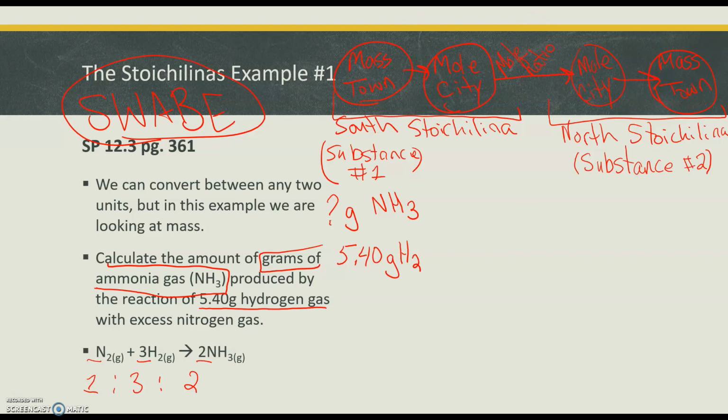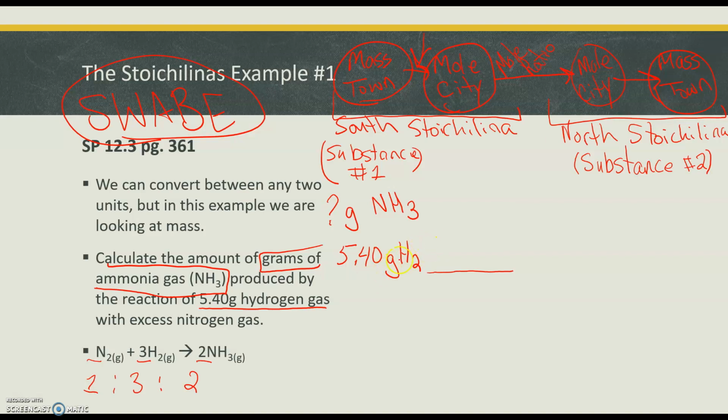Because we know what steps we're going to do or which conversions we're going to use, we are going to go ahead and set it up with our units and our substance before we start adding in our numbers. Our first factor is right here, going from mass town of substance 1 to mole city.